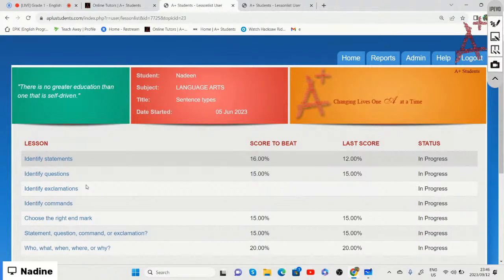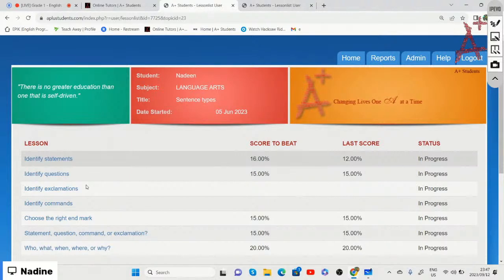We identified questions, where you're asking somebody a question, and it ends with a question mark. We identified exclamations, which show strong feelings, emotions, or excitement, and end with an exclamation point.